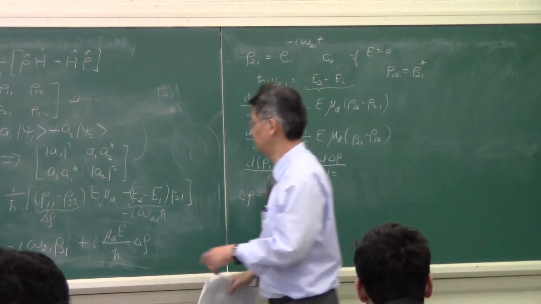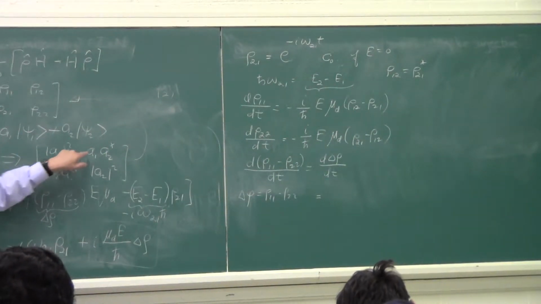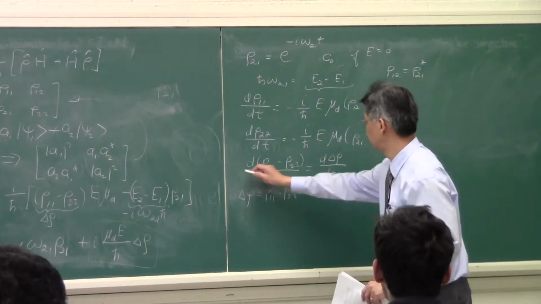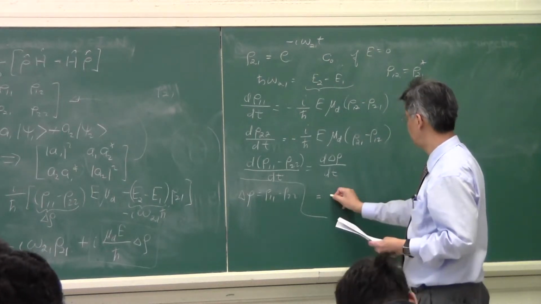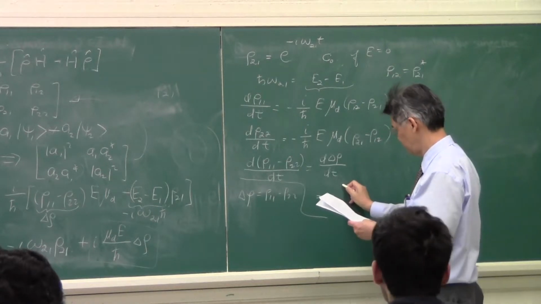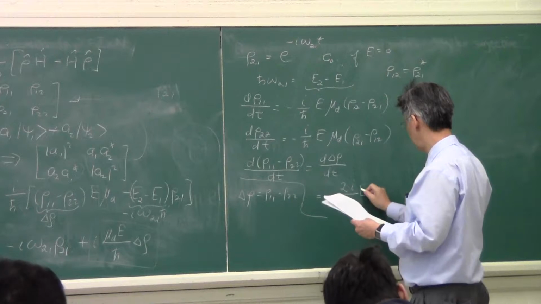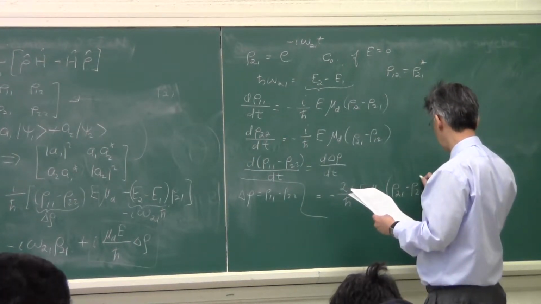You can see it from here. rho 1,2 and rho 2,1 are just complex conjugates of each other. Okay? And when you subtract these two equations, you get a new equation that would just be the difference between the two. But these two being the complex conjugates of each other, you can consolidate this equation and write this as being equal to E mu d times (rho 2,1 minus rho 2,1 complex conjugate).